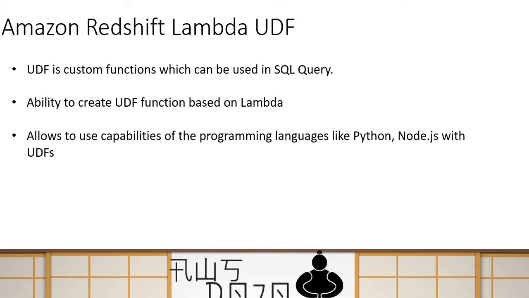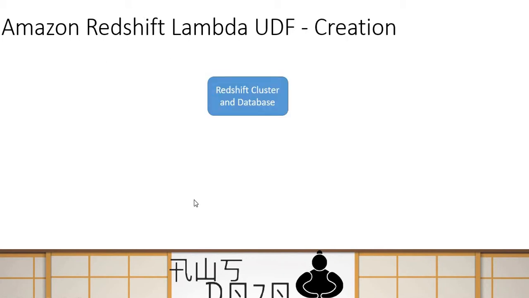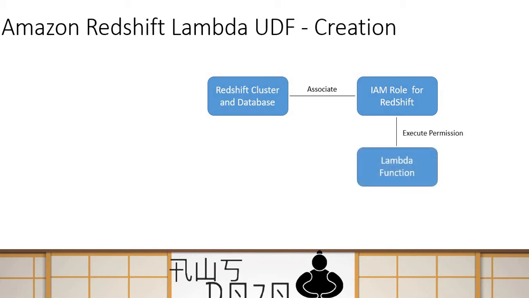So you can really leverage the capabilities of these programming languages. So let's understand what it takes to create a UDF based on a Lambda function. Assume that you have a Redshift cluster and database. The first step is that you create an IAM role for Redshift, and you associate this IAM role to the Redshift cluster. This IAM role should have permission to execute the Lambda function.